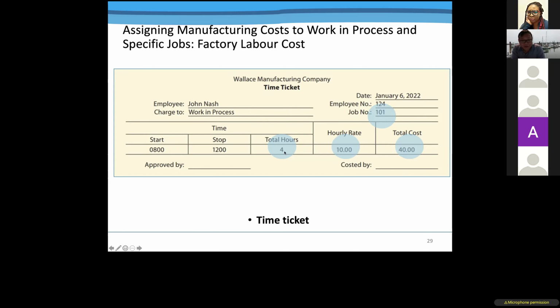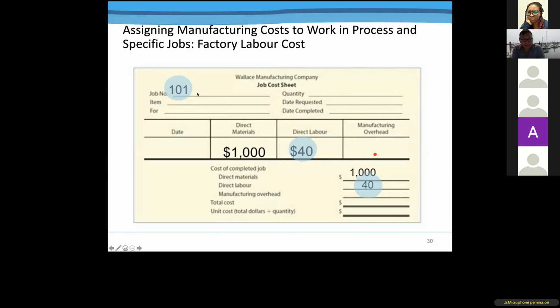He worked 4 hours, starting time 8 o'clock, finish time 12 o'clock. That's 4 hours, and the hourly rate is $10. Therefore the cost is $40. Now this will be translated into the job cost sheet: 101, direct labor, $40 and $40.